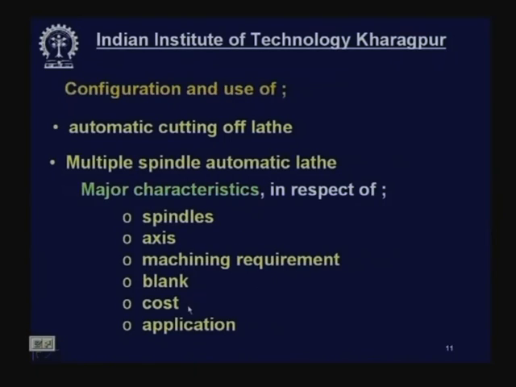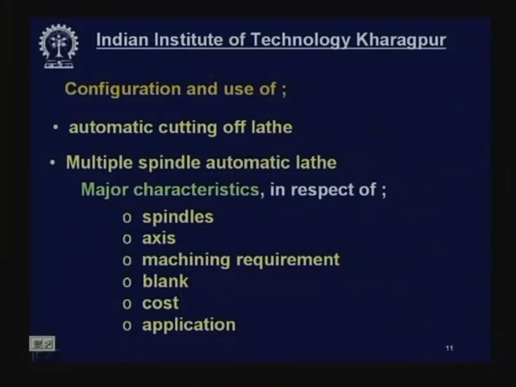Machining requirements should not be much, say 2 or 3 machining operations will be required per piece of job. Blank will be bar type, cost will be very high definitely, and application for small ring like or say rod like jobs, for example, say the inner races and outer races of bearings in case of mass production. These are manufactured in multi-spindle lathes, remember.